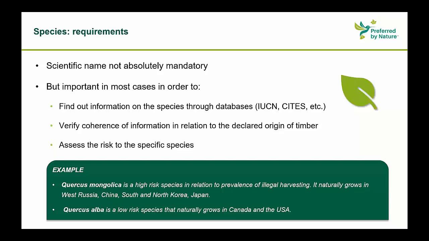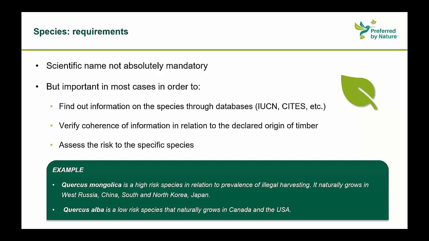But in most scenarios, the common name can be confusing and can apply to different scientific species, or one scientific species will have different common names. So it's a best practice to request the scientific name as the rule of thumb, and make it an exception to be okay with common names, right?